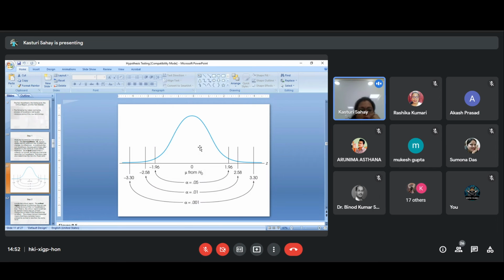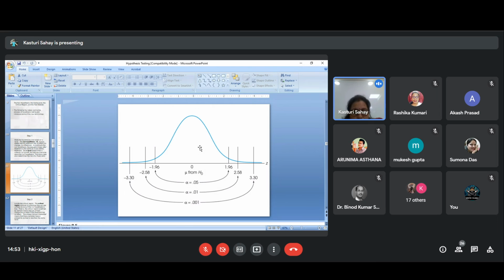So it depends totally on the researcher as to what alpha level he or she would like to take. The precision, how much accuracy you want in your research, will help you to determine your alpha. So step 1 is a problem statement or the null hypothesis statement, the alternate hypothesis statement, and the alpha level, as to what you're going to take as the criteria under which you're okay with accepting or rejecting your null hypothesis.